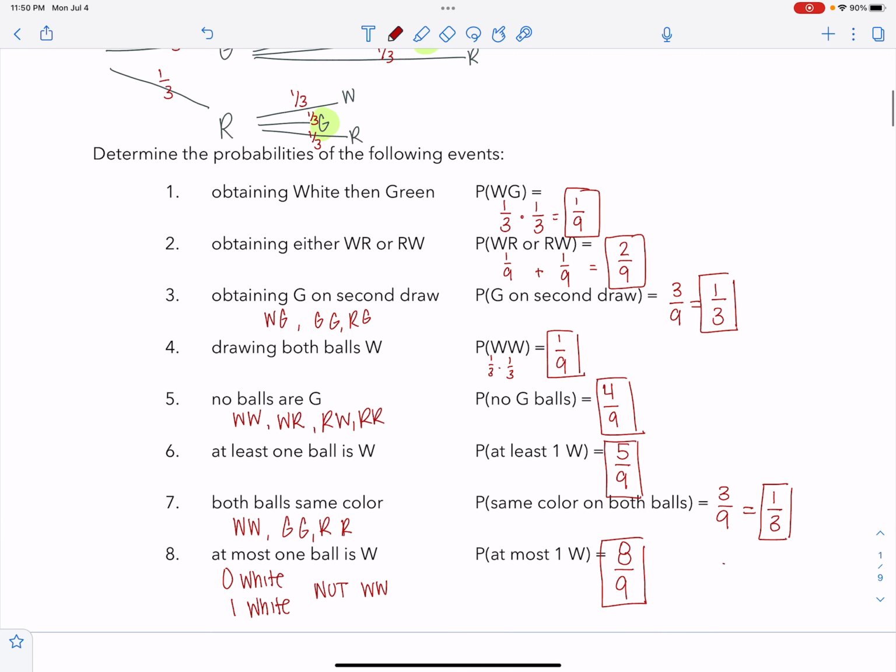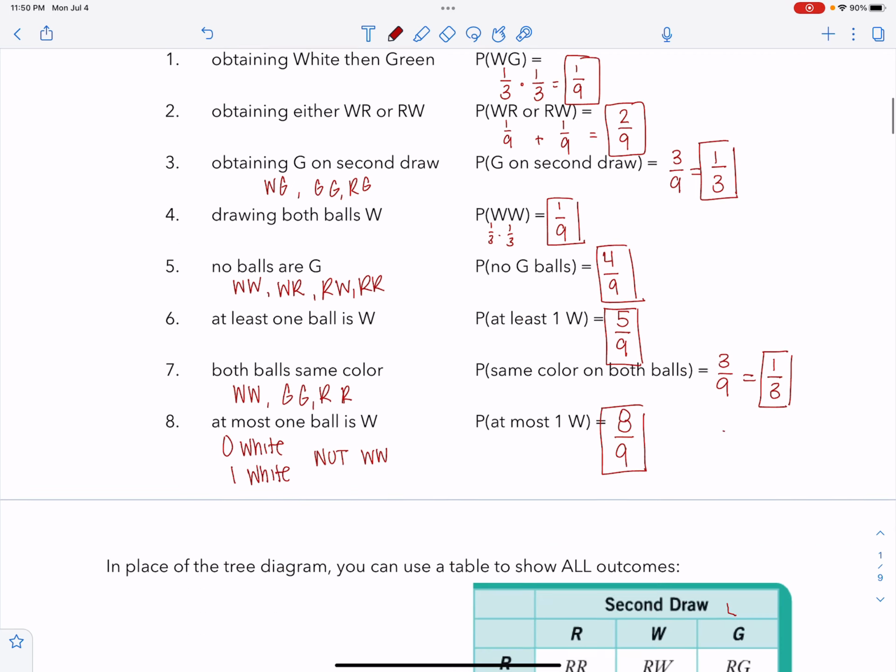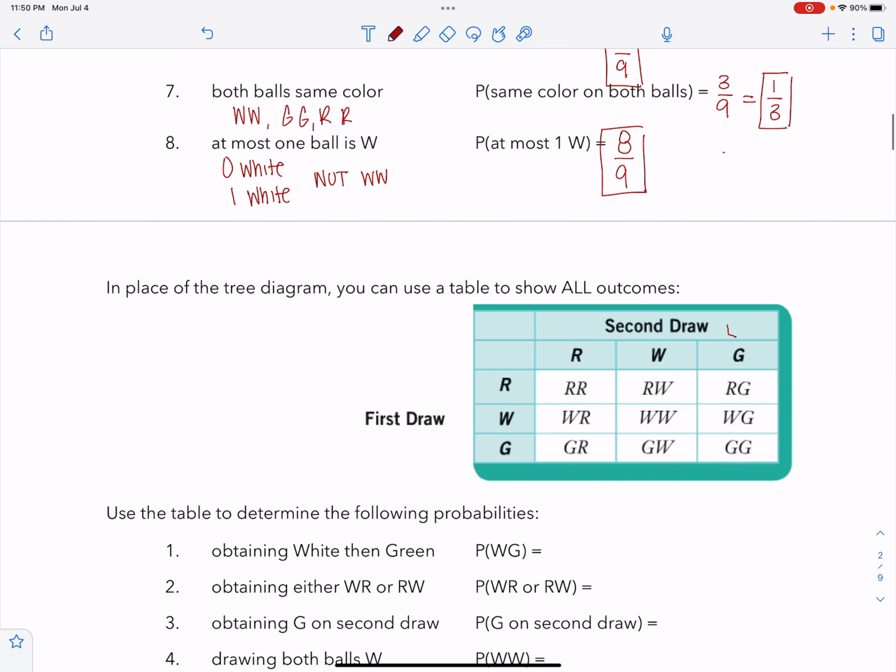So we've got that tree diagram up above, but in place of the tree diagram, I could have done the same thing, but in a table. We won't use the table much in this class, but it's good to mention because, one, different brains think different ways. The table may make more sense to you than the tree diagram, but also as you're teaching in the classroom, the table would be a great thing to show first because it seems a little bit more intuitive for students than the tree diagram sometimes.